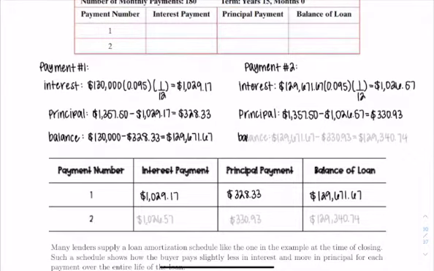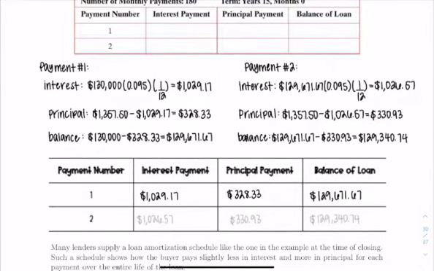And so to figure out the balance, we take the loan amount, which is our $129,671.67, and we subtract our $330.93, which gives me $129,340.74.